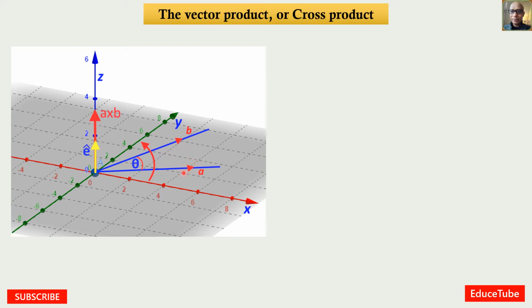So this is the A vector, this is the B vector. And these two vectors are separated by an angle theta. And another important point, these two vectors lie in a plane. You can see here, this plane is shaded.